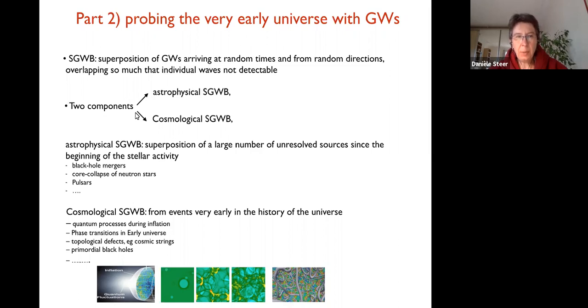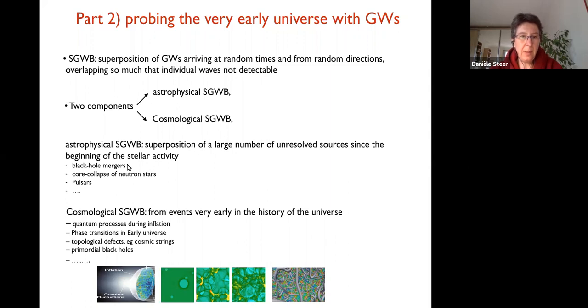Now, in fact, there are two components, at least, to this stochastic gravitational wave background. One is astrophysical, and the other one, which is the one which interests us here, is cosmological. The astrophysical one is due to all those sources which we've already, in part, talked about.